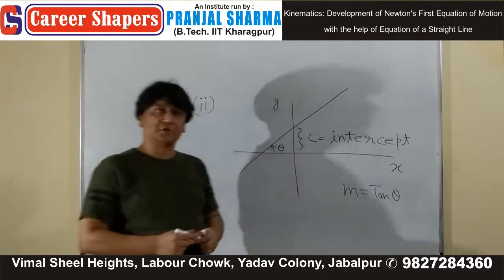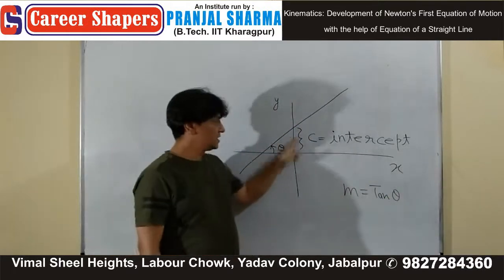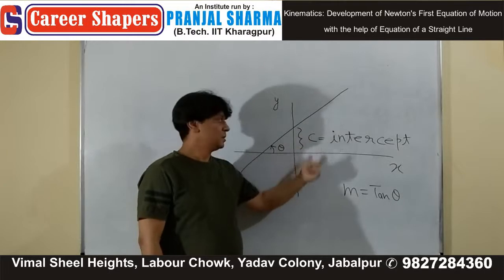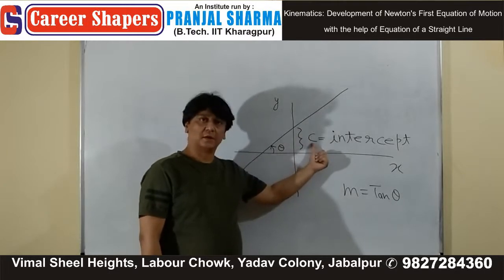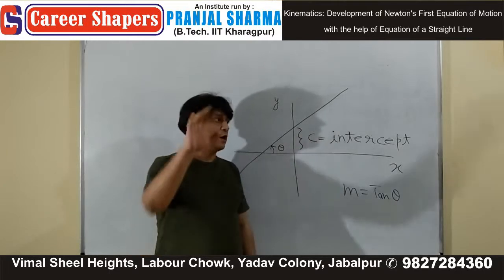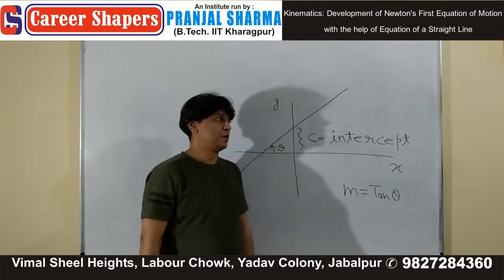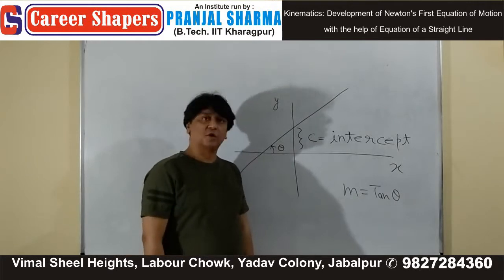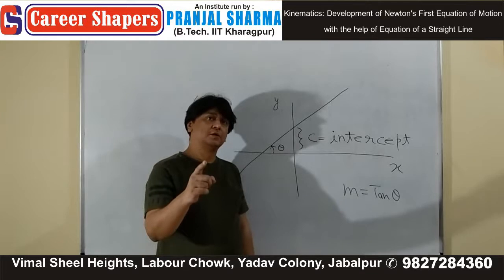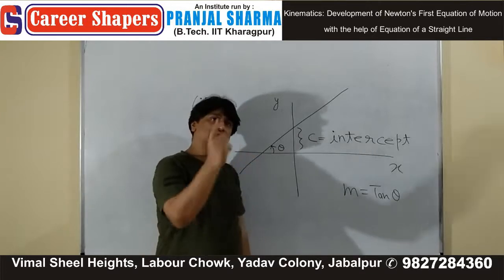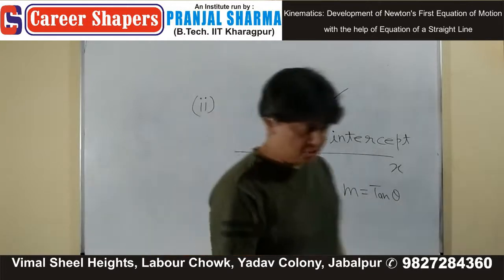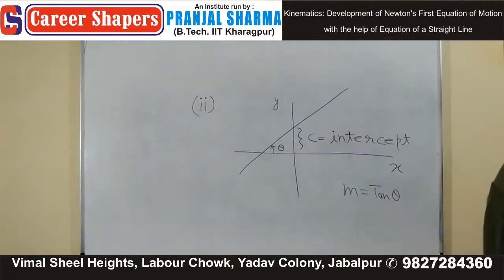And the second piece of information is the intercept, which is C. Let's see how active you are. What should be the value of C so that case 2 becomes case 1? Mention in the comment box.